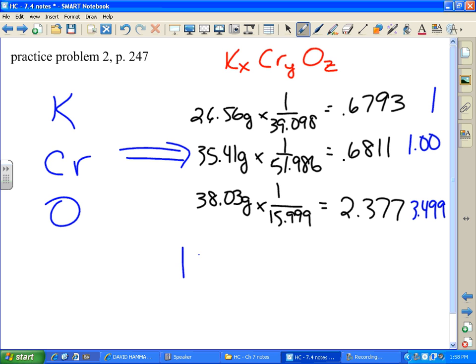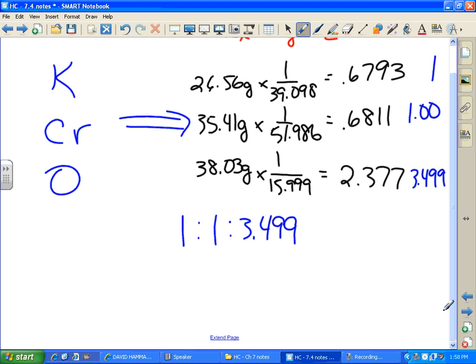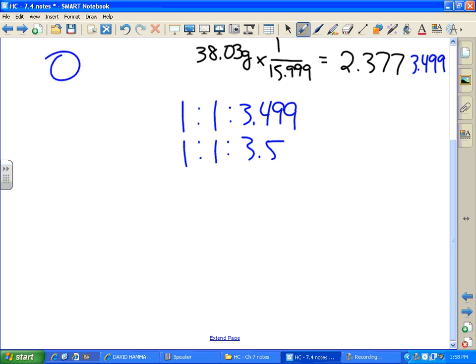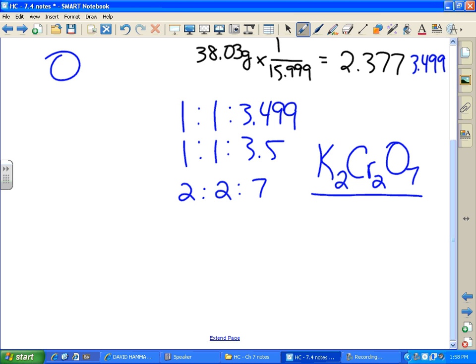So we get a ratio of 1 to 1 to 3.499, which we can call 1 to 1 to 3.5. Finally, we change it into a whole number ratio to get the formula, 2 to 2 to 7. So our final answer is K2Cr2O7.